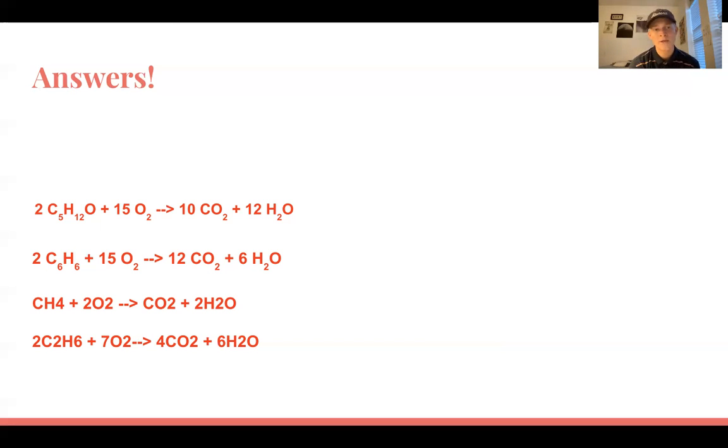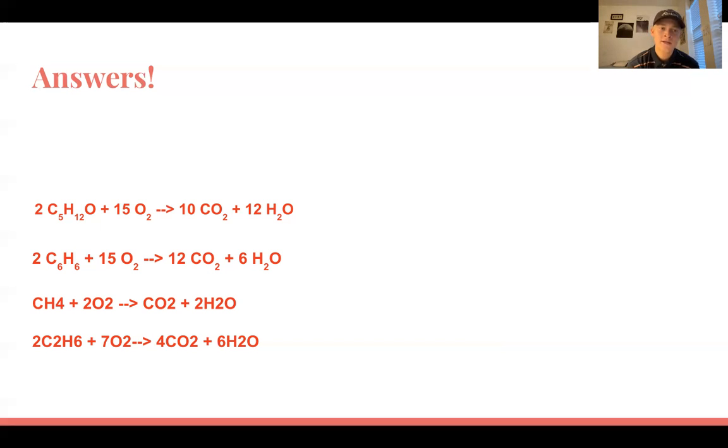And we already have 2 oxygen atoms produced from our fuel type. So all you have to do is put a 15 as a stoichiometric ratio in front of our oxygen gas, and 15 times 2 is 30, plus 2 is 32. So that's 32 oxygens on the reactant side and 32 oxygens on the product side, making this a balanced equation. Let's move on to the second one.